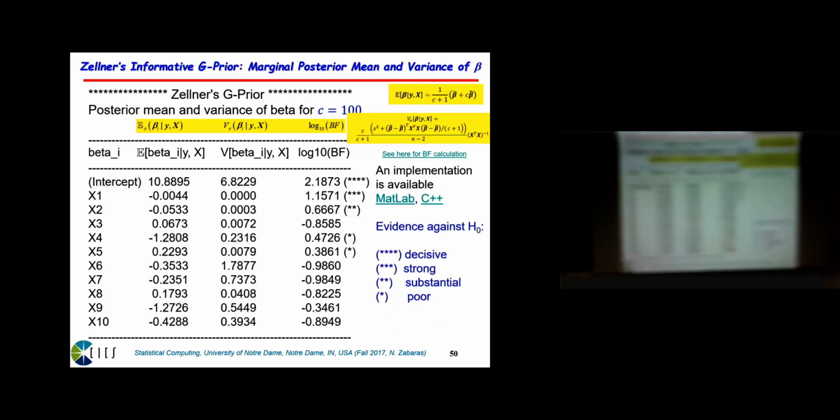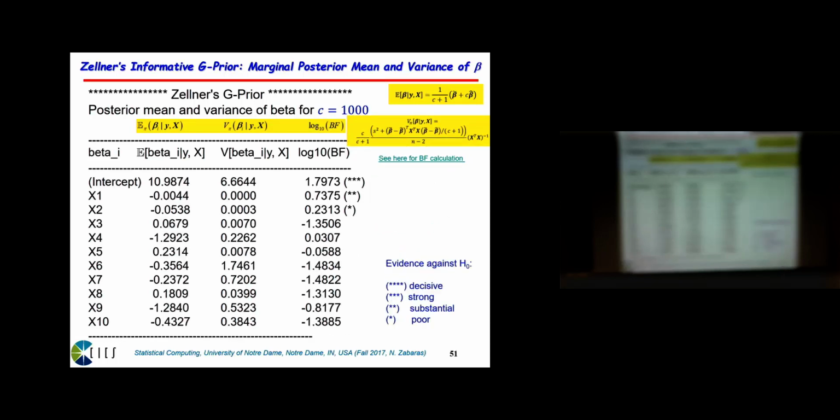So what's the effect of c? This is for values of c equal to 100. So this is what you get. You can remember some numbers here: 10, 6, and 2. The Bayes factor has changed a little bit. When you go to c equal to 1,000, the effect of c is a little less significant than in the prior we considered on Tuesday, but still there is an effect here.